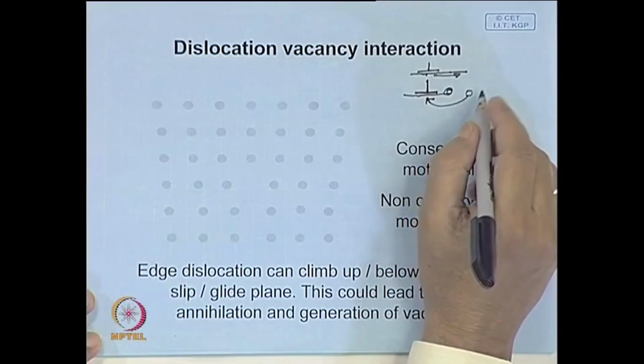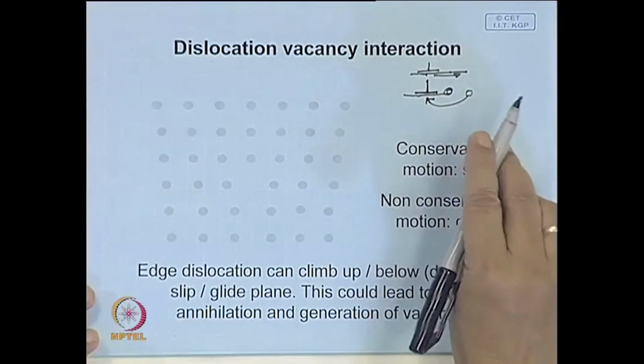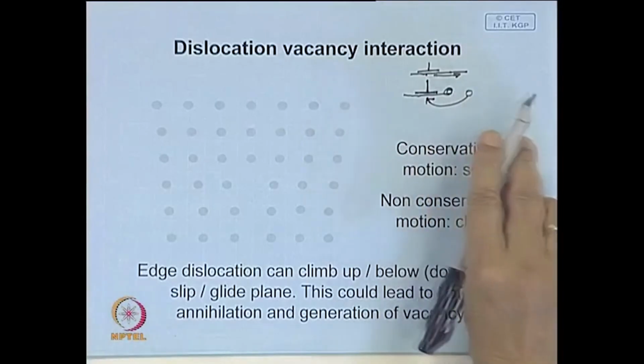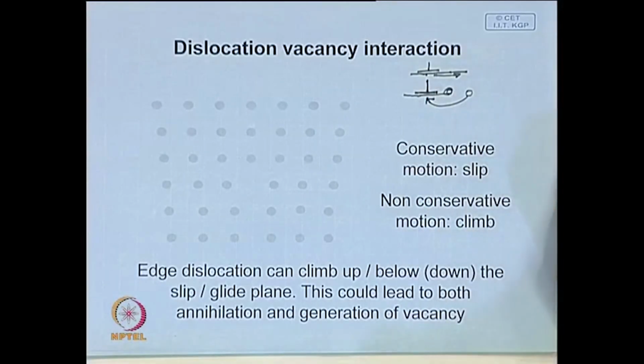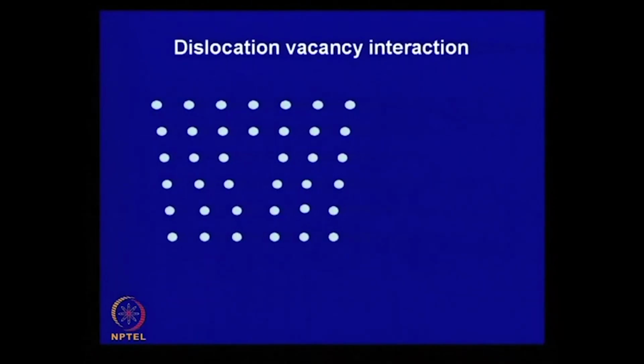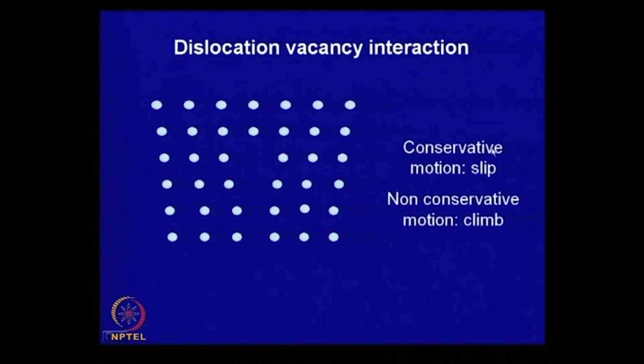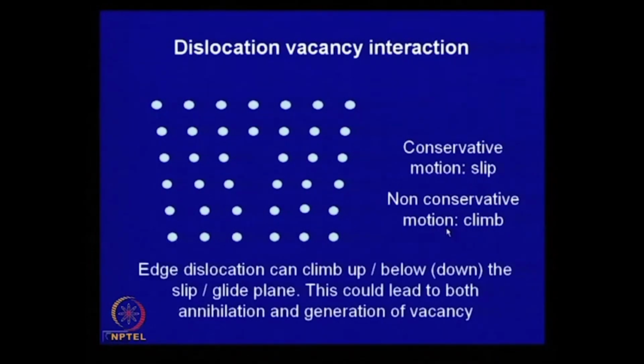This movement is called non-conservative motion of dislocation, whereas glide is called the conservative motion of dislocations. We say this is a conservative motion, which is a slip process, and non-conservative motion is a climb process.